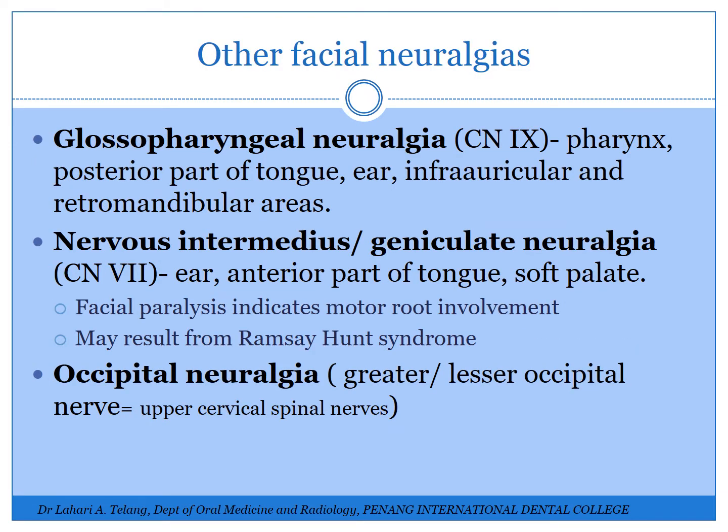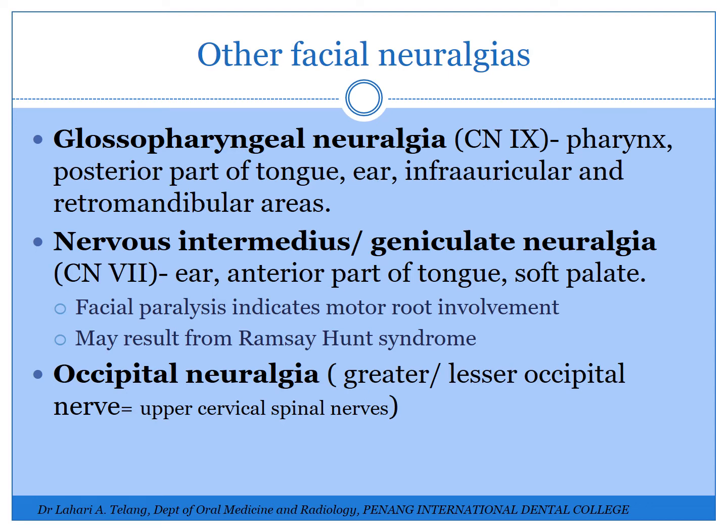Now, moving on to other facial neuralgias, glossopharyngeal neuralgia involves the ninth cranial nerve. The pharynx, posterior part of the tongue, ear, infraorbital and retromolar areas are generally the areas innervated by the glossopharyngeal nerve, and these areas could be the trigger factors as well. Nervus intermedius and geniculate neuralgia involve cranial nerve 7.